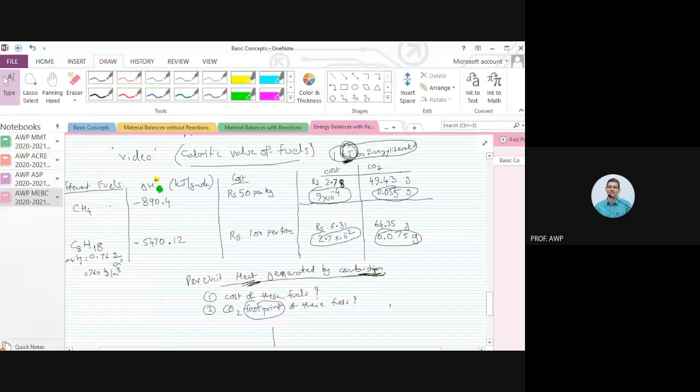Everybody has told me in terms of rupees and grams, for 1 kilojoule equivalent. You can take any and convert it into 1 kilojoule.